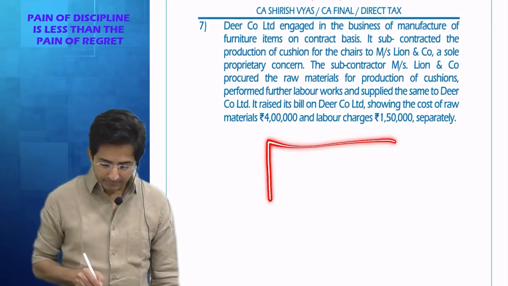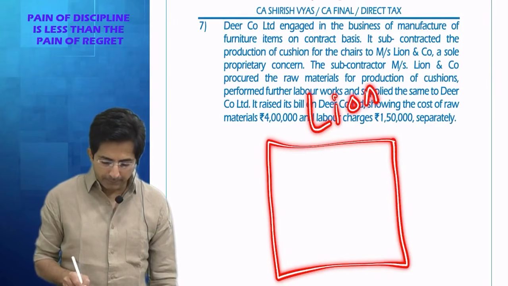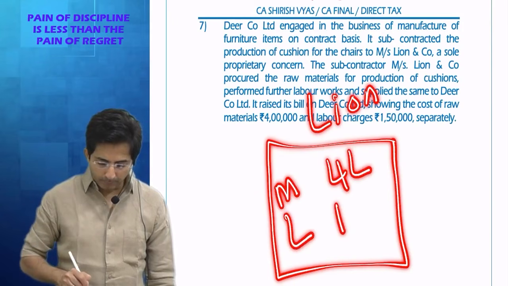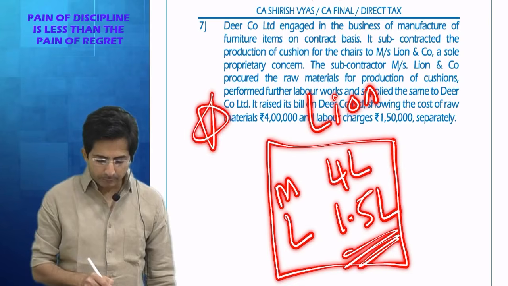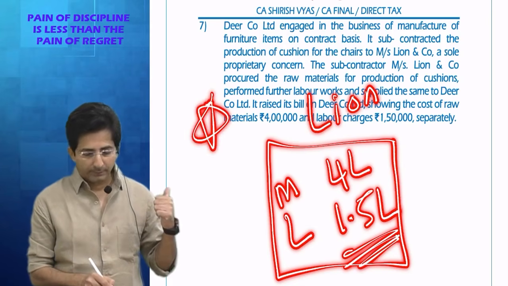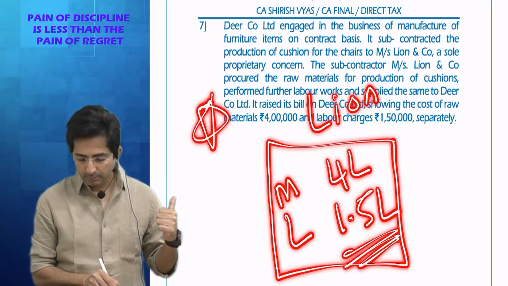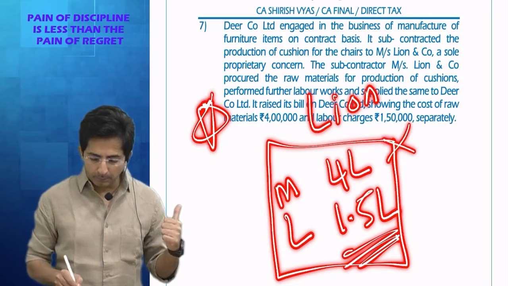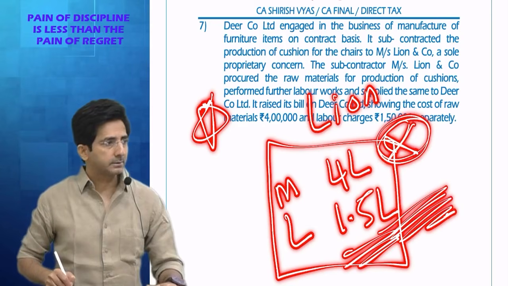Then how is the bill of Lion? Lion will have made the bill like this: material 4 lakhs, labor 1.5 lakhs. How do I know the bill? Read the last line of the question. It was given how the bill was: material 4 lakhs and labor 1.5, and TDS will not come on the material component. It will come only on the labor charges.